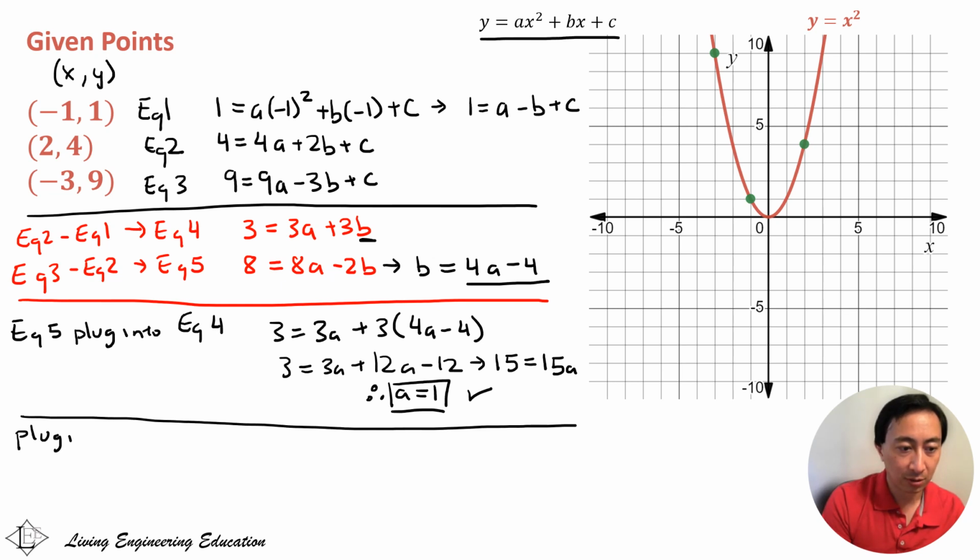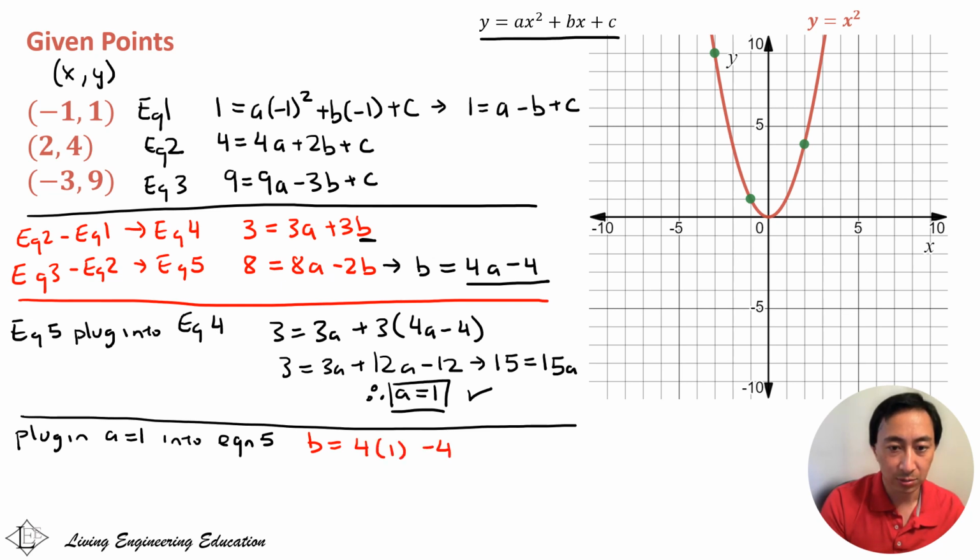Plug in A equals 1 into, let's say, maybe equation 5, because it's all set up already to solve for B. And that will give me B is equal to 4 times 1 minus 4, right? Because that's my A term, is equal to 0. So B is equal to 0, which is what we expect as well, because there's no linear x term in my final equation.